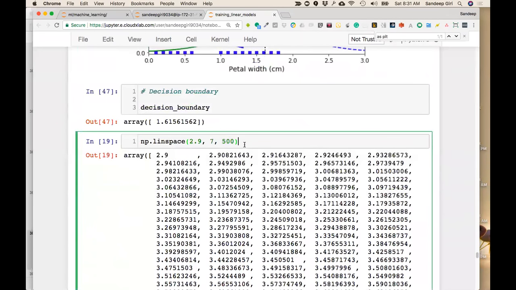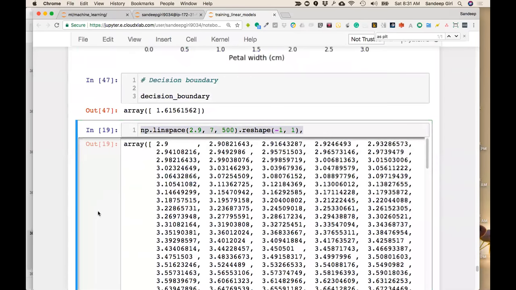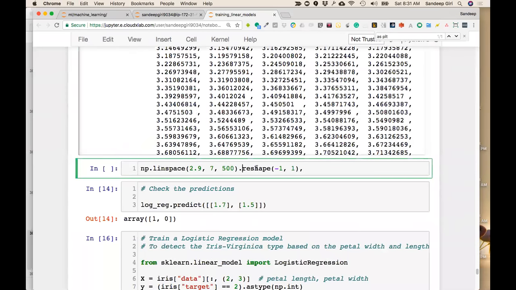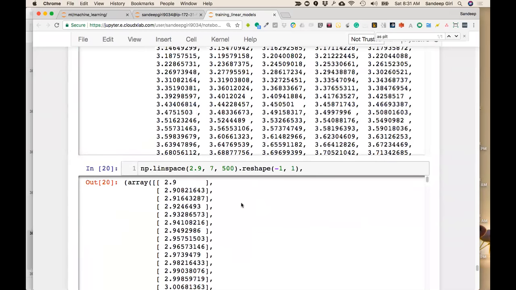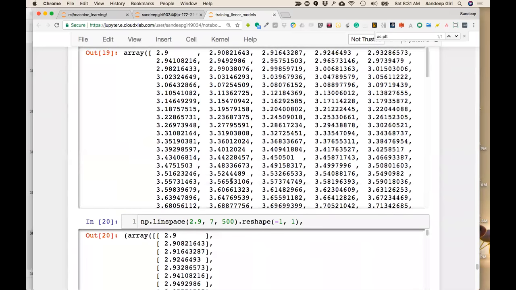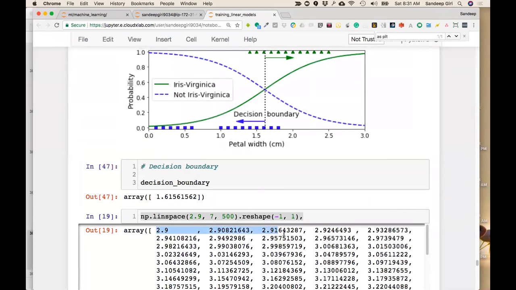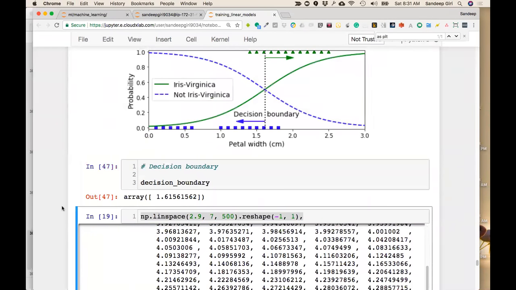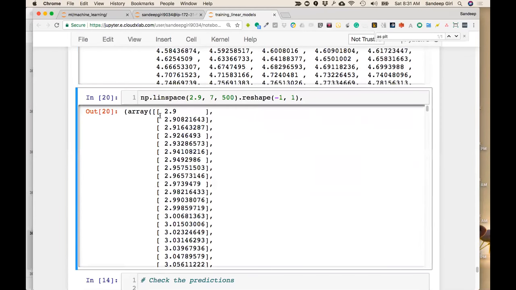So the next thing we are doing is converting this huge single-dimension array into a two-dimensional array where, instead of one row, we are creating one column.